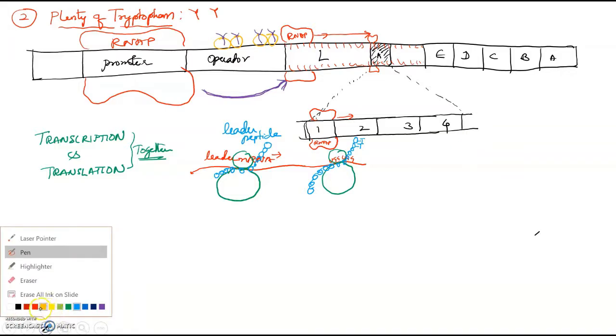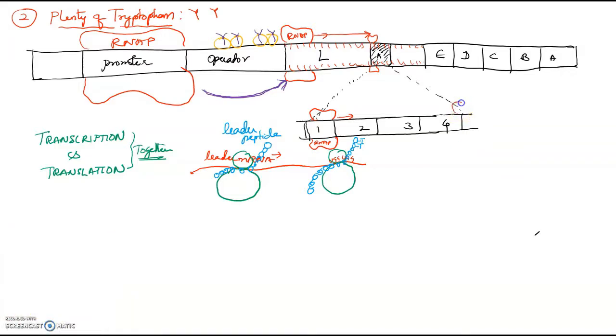Meanwhile, our RNA polymerase has polymerized till here.